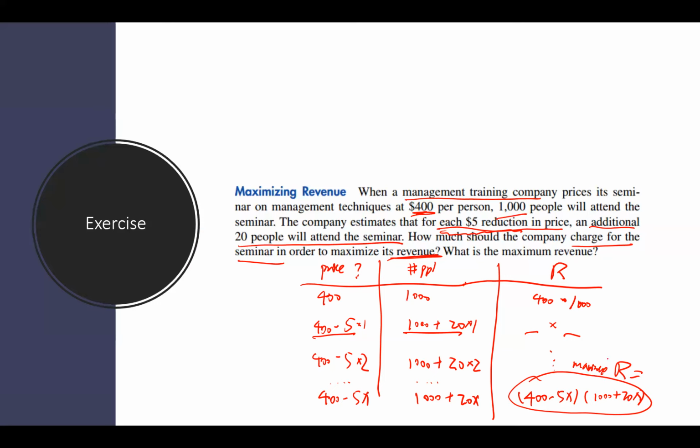Then we know what to do, right? We just take the first derivative, set it to 0, and solve for the critical number. So we have a candidate, but we also need to pay attention to the range, because the price cannot be negative. It can only be 0 or positive. So this gives us a range.